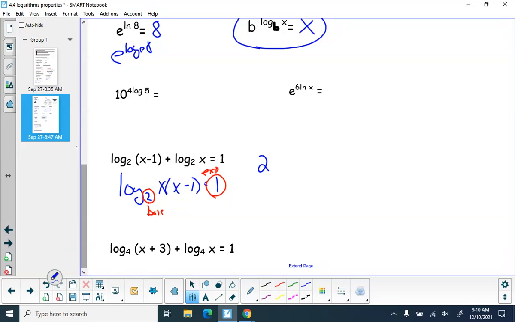So we can go 2 to the first. Here's my base. Here's my exponent, is equal to x times x minus 1. So we have 2 is equal to x squared minus x. We can subtract our 2 over.